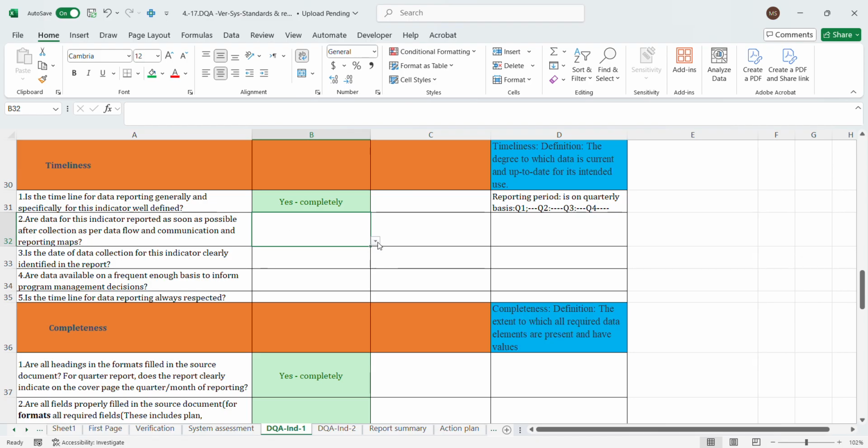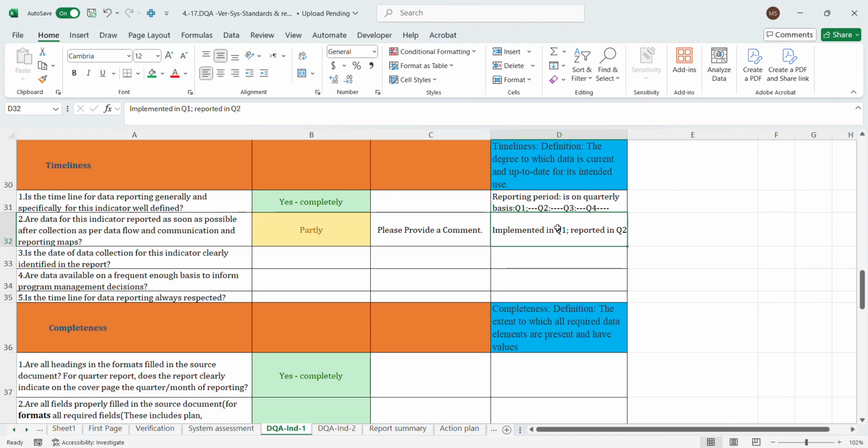For example, the activity was implemented in quarter one, reported in quarter two. In that case, it is partly, as there is a delay.